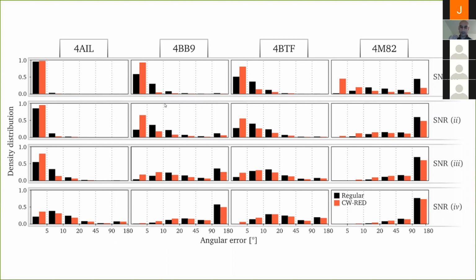And this is a pretty important point, because in the end, it's not about introducing features from previously known structures into your reconstructions.